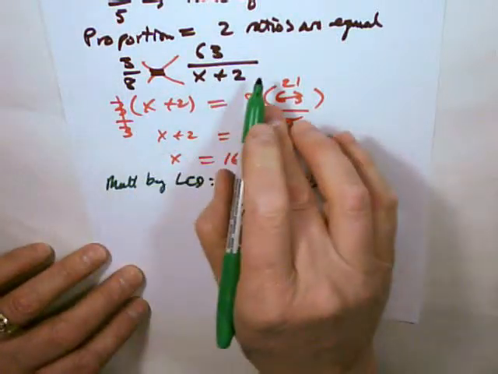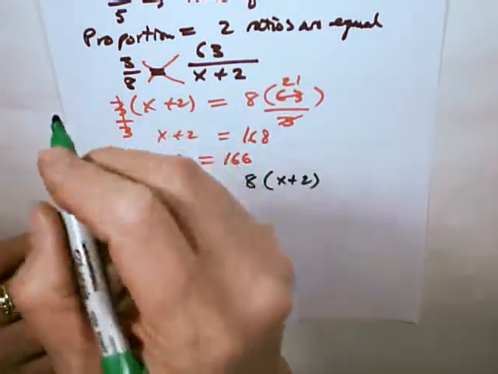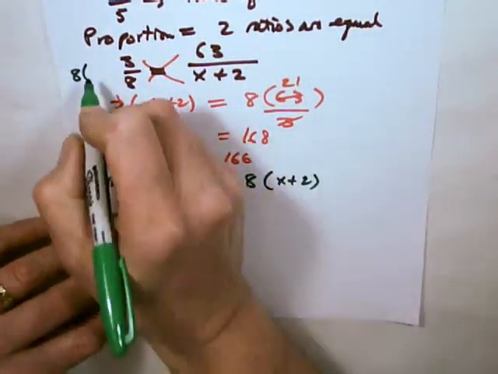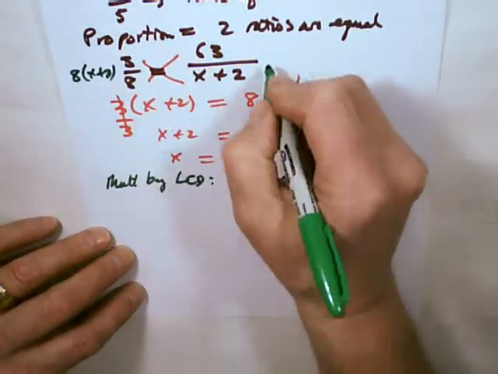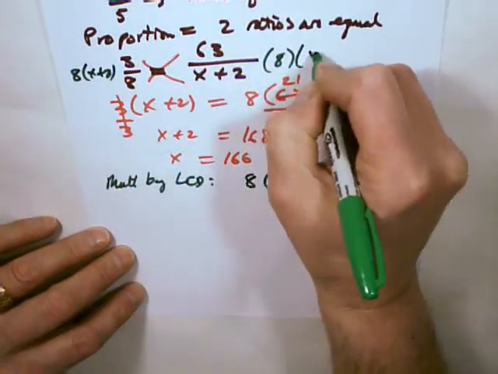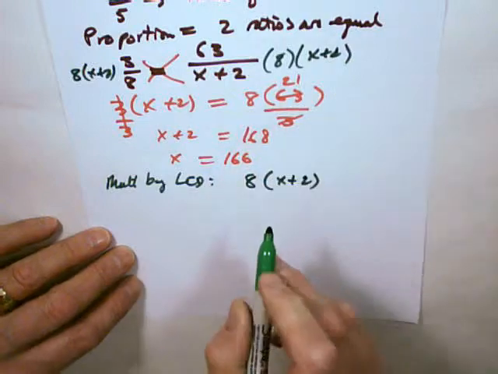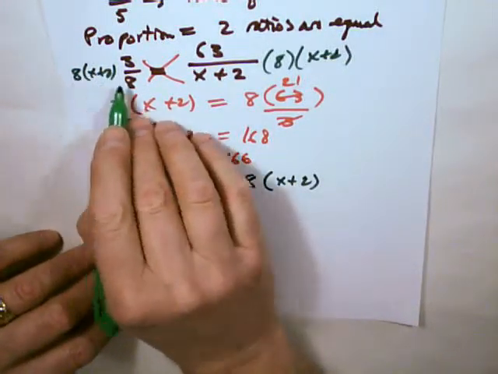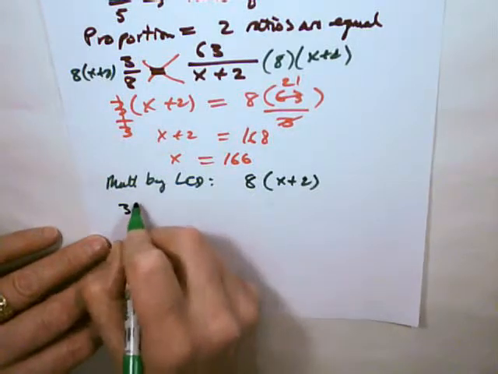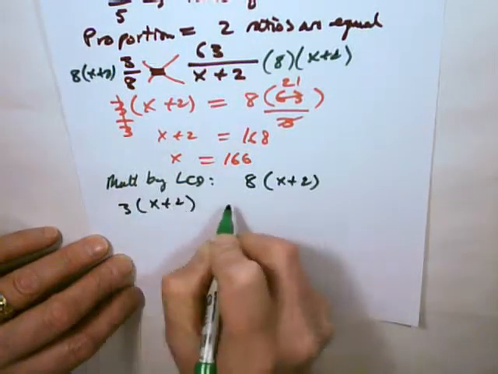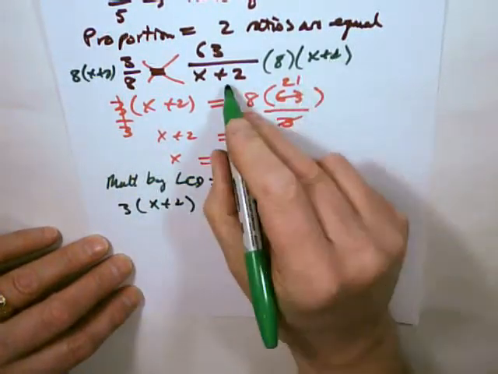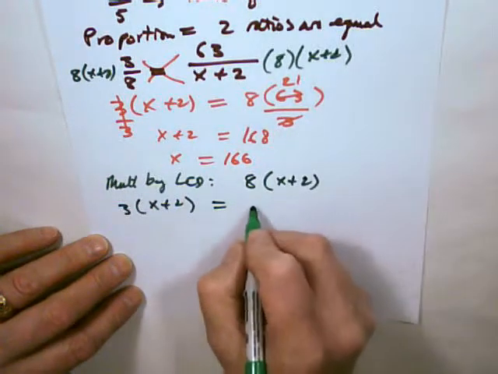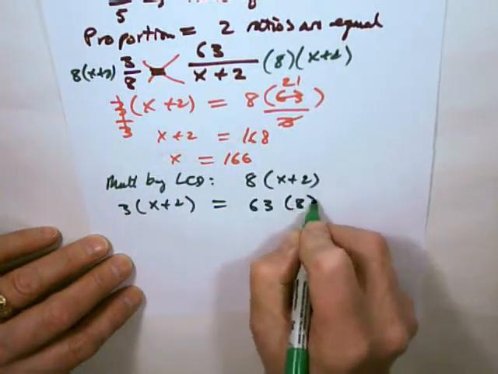We multiply both sides of the equation by 8 times the x plus 2, and we see what ends up happening is, the left-hand side, the 8's are going to cancel, and I'm going to be left with 3 times x plus 2. And the right-hand side, the x plus 2 is going to cancel, and I'm going to be left with 63 times 8.